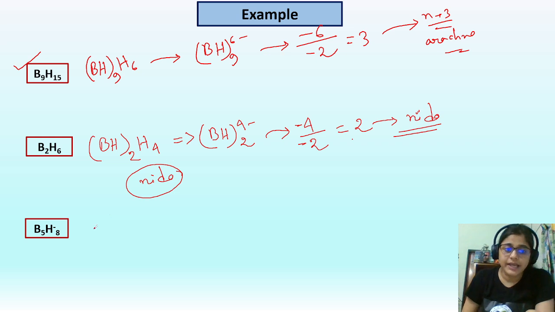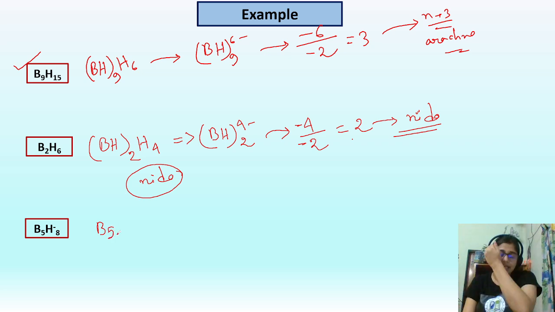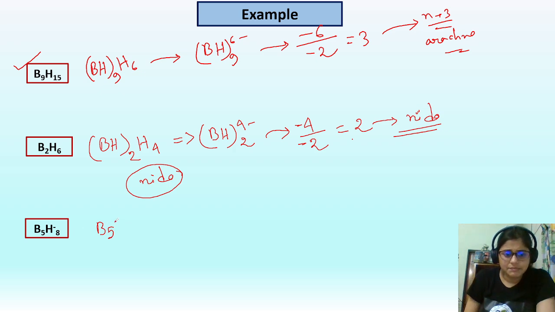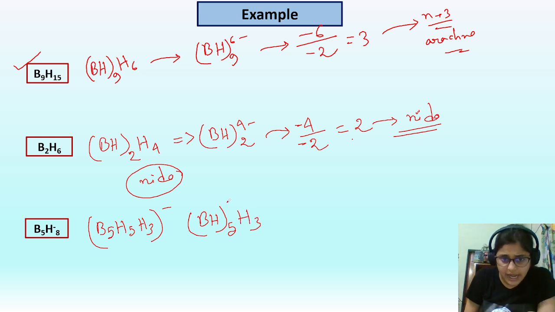Now we will solve the case where negative charge is present from the beginning. We'll do nothing, just add the negative charge, right? So first B5H8 minus: B5H5 and H3 outside, and overall negative charge is there.